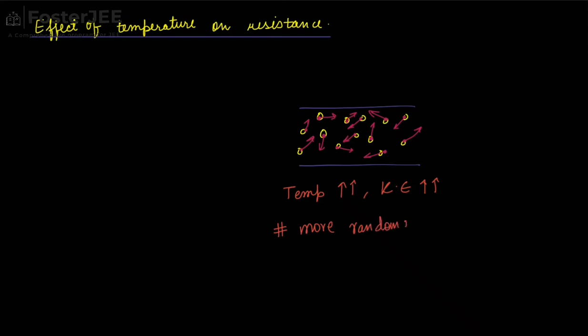And hence, when we apply an electric field across this conductor, if the electric field is like this, the electrons will resist even more to travel in this direction. Let's change the pen, that is, in this direction.